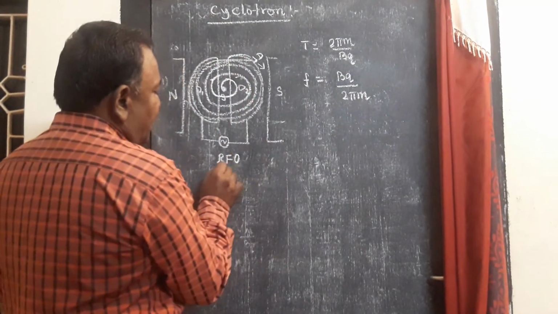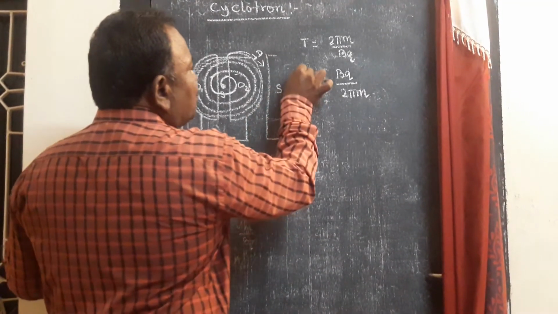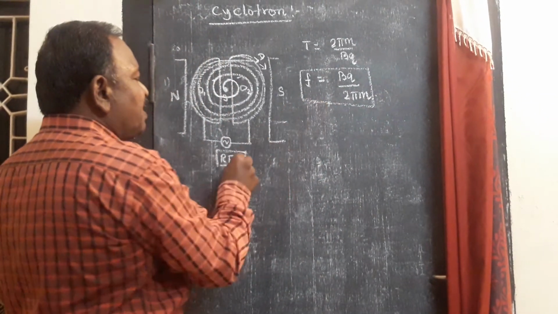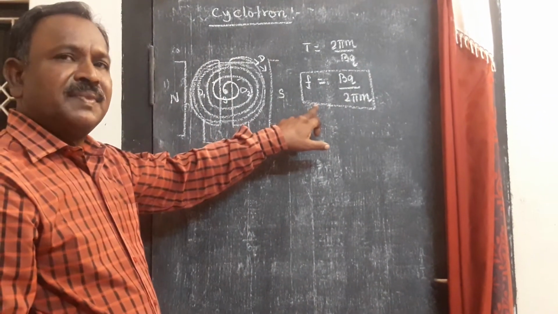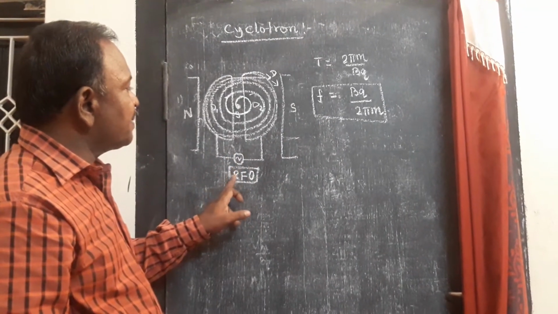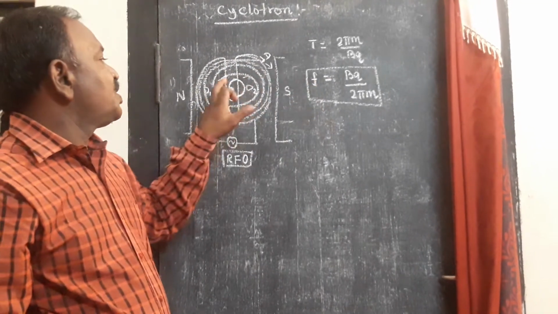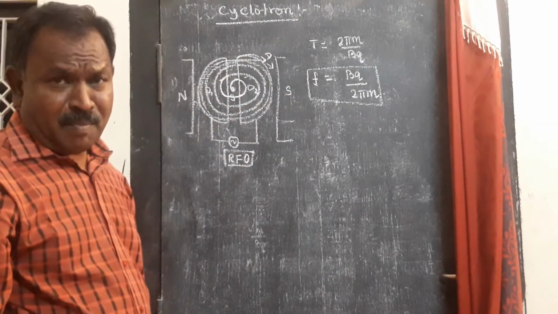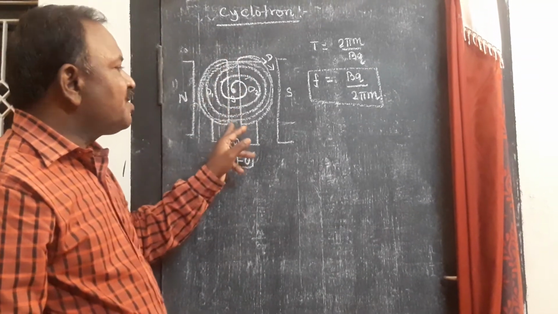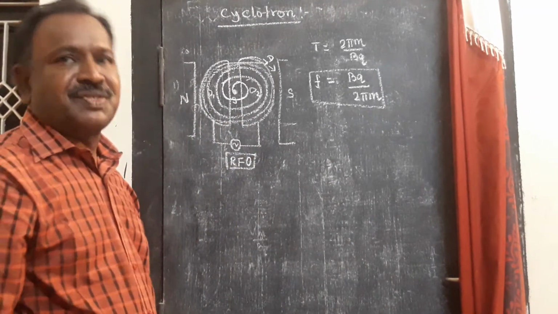The radio frequency oscillator frequency is equal to the frequency given by this expression. When the radio frequency oscillator frequency is the same as the frequency of the charged particle moving in the uniform magnetic field, the charged particle exactly reaches the center when the polarity of the two Ds gets changed.